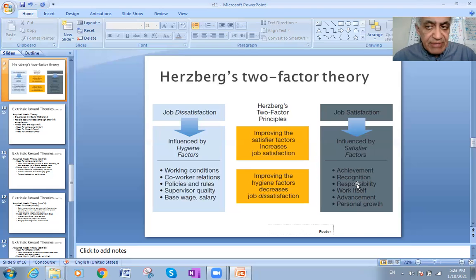Nothing ambiguous, everything is clear. Responsibility. Work itself, the work conditions, all this, advancements, and personal growth. If the job will help the person to grow and be promoted, then he will have self satisfaction.